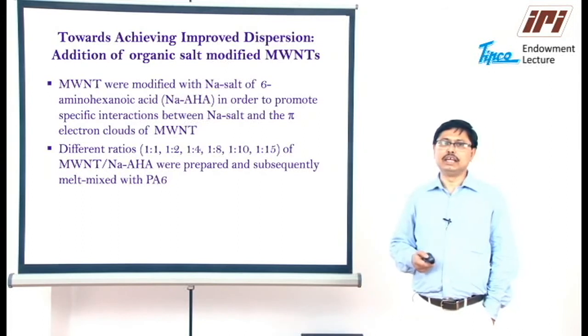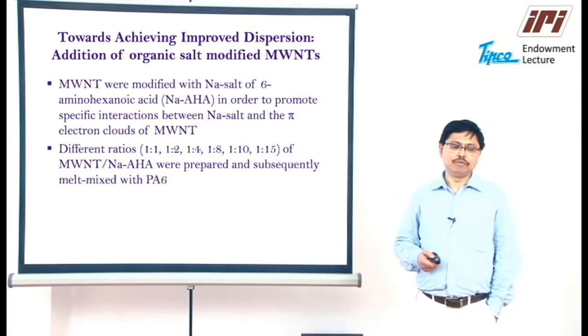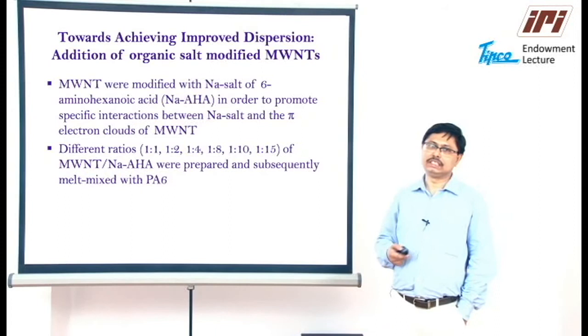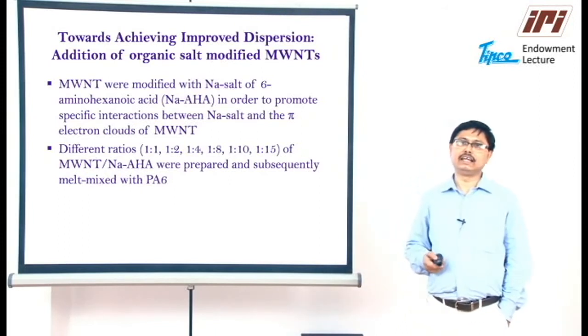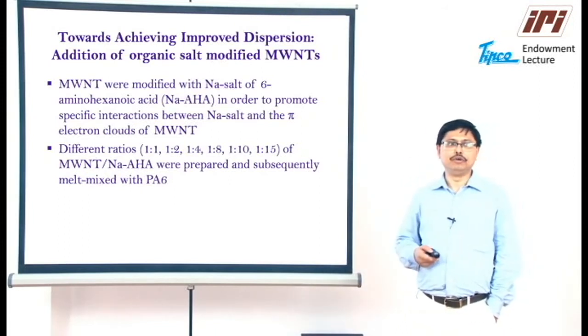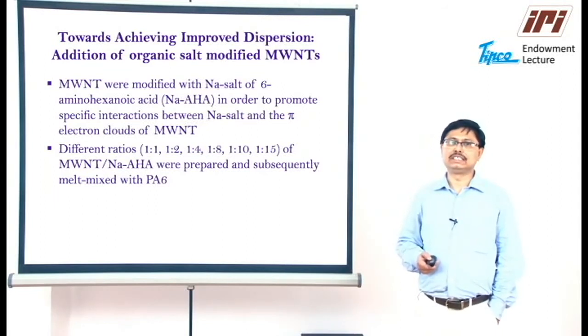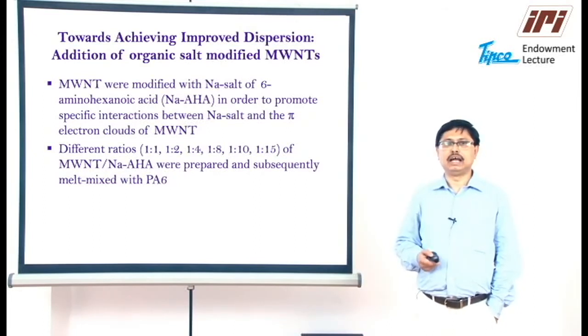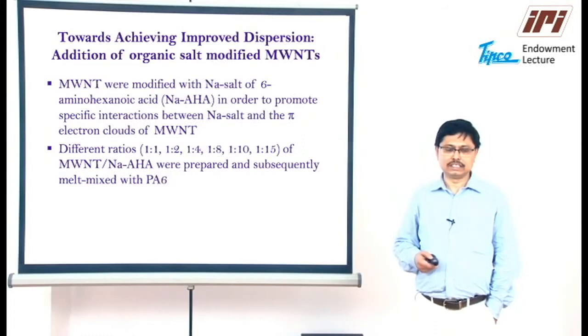In order to improve the dispersion, we have taken a procedure utilizing a novel organic modifier, where the sodium salt of 6-aminohexanoic acid is employed to modify the carbon nanotubes through an aqueous medium, and the process will be discussed shortly.